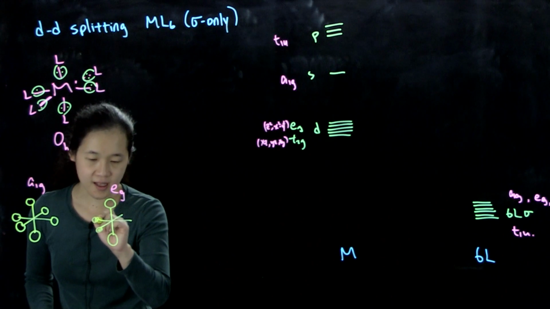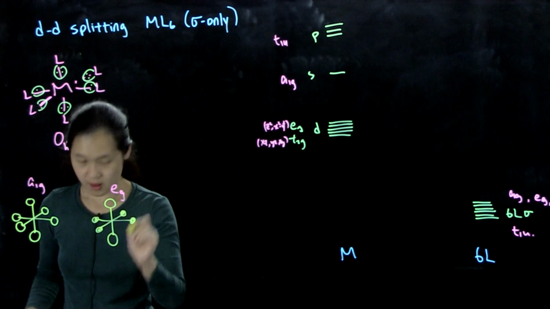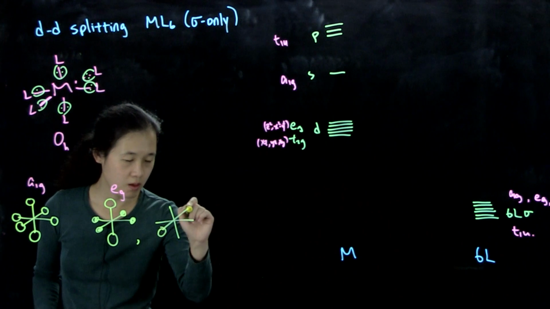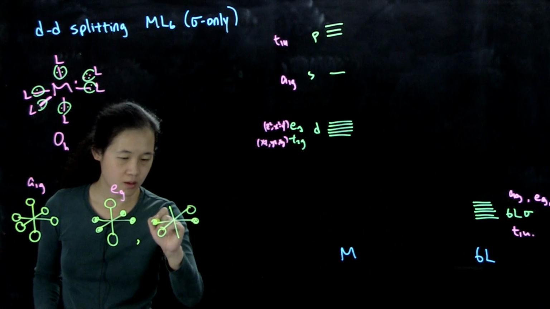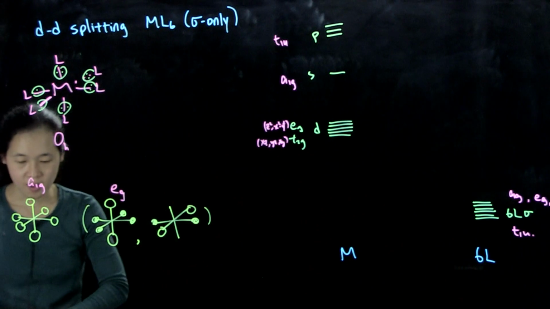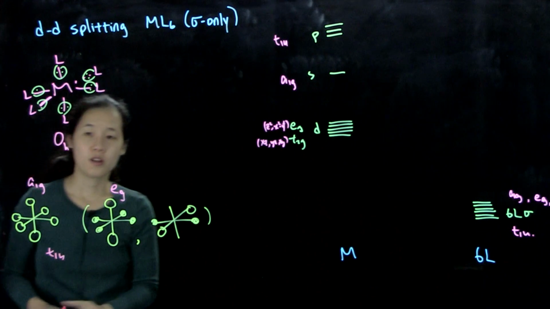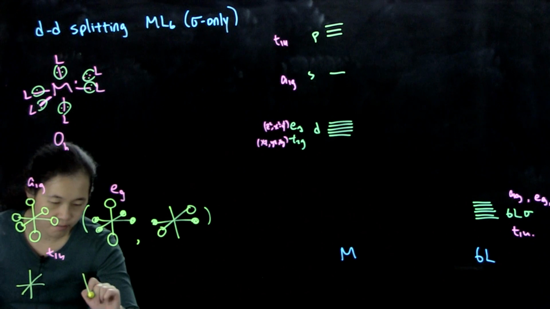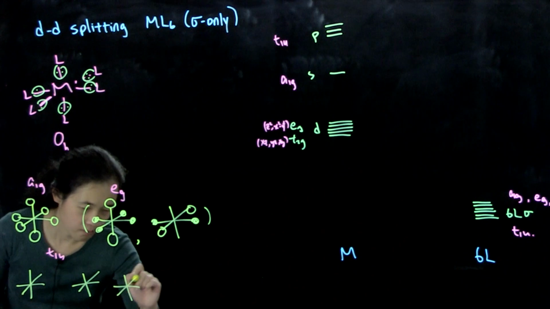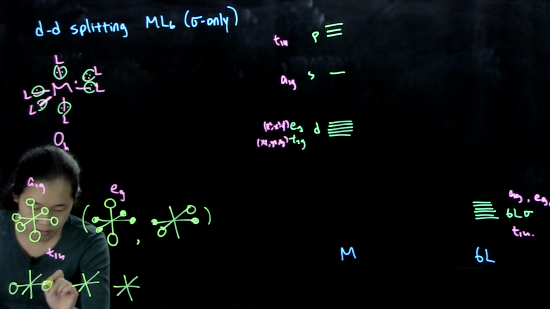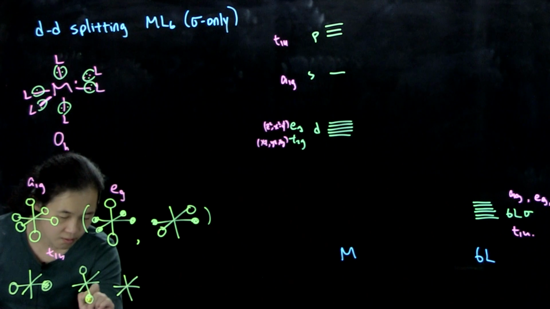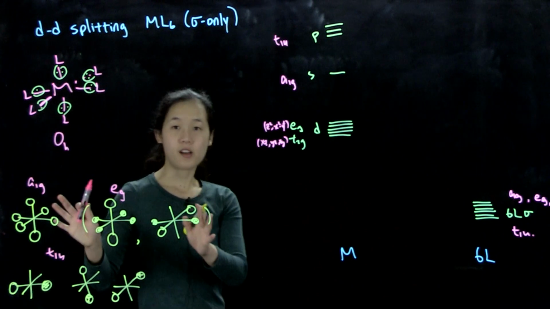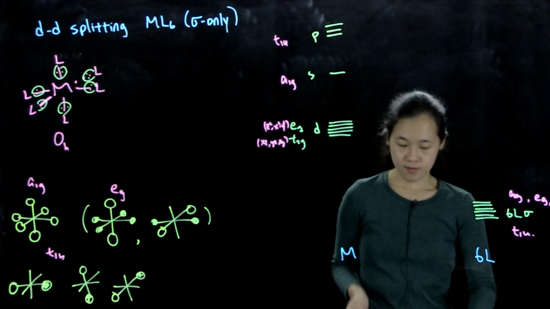I think we actually did this as an in-class activity at some point. So these two. And then our T1u looks like our respective p orbitals, like so, and like so. Okay, great. So those are our SALCs, and now we can make our MO diagram.